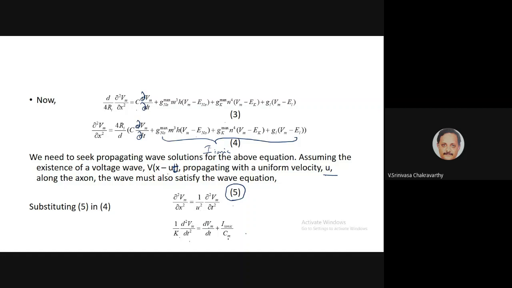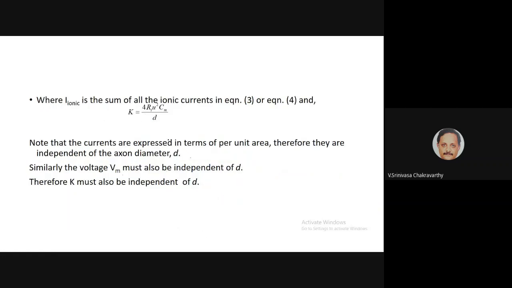Cm also is per unit area. All the ionic currents, I ionic, are per unit area because that's how I represented them now. The only stranger here is k. So I cannot have all the quantities independent of d, whereas only one quantity is dependent on d. That's not possible. Therefore, k also must be independent of d.